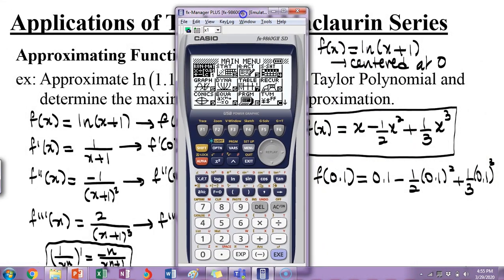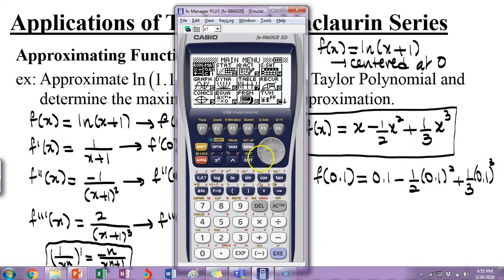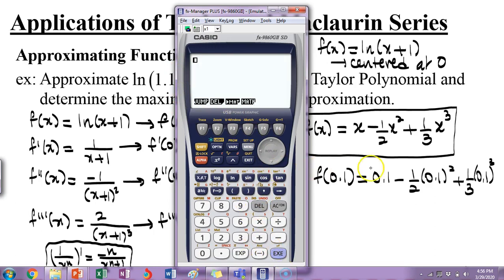Okay, so evaluating that on my calculator, I'd go for the run menu. So over here I have 0.1 minus half times 0.1 squared, and then plus 1/3 times 0.1 cubed.